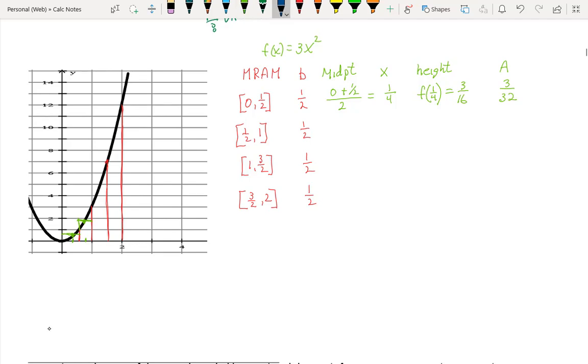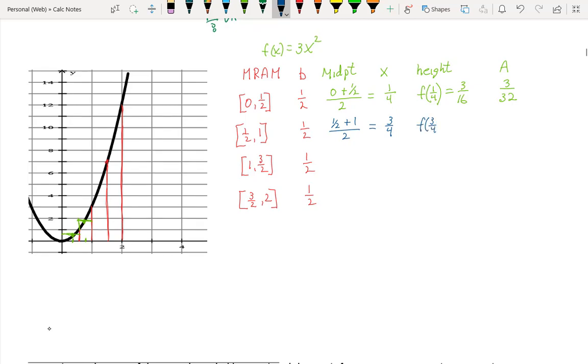Let me get a little darker color here. So I need the midpoint of the next interval. Now again, you can probably guess at this midpoint. You probably already know that it's 3/4. But sometimes you're not going to know, and you're going to need to make sure that you can do this algebraically. So this midpoint is going to be 1/2 plus 1 divided by 2. So 1/2 plus 1 is 3 halves. 3 halves divided by 2 is 3/4. That should make sense there. So the height of this is going to be f of 3/4.